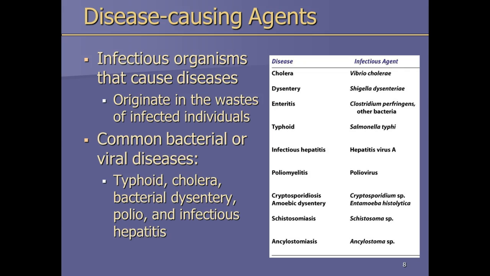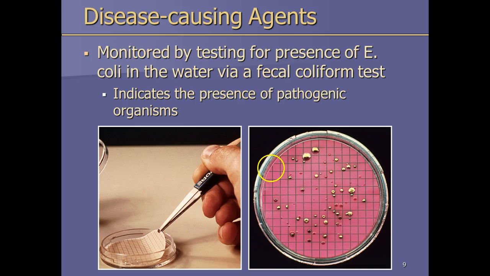Flukes are very common in water, and they travel through the bloodstream, can get into your liver and wreak havoc on your body. So they can cause issues as well. And I'll just let you look those over.